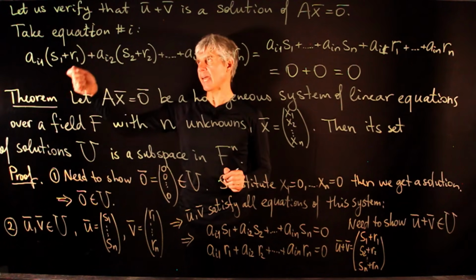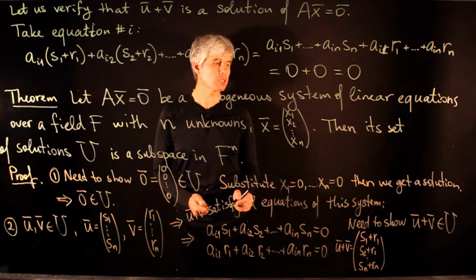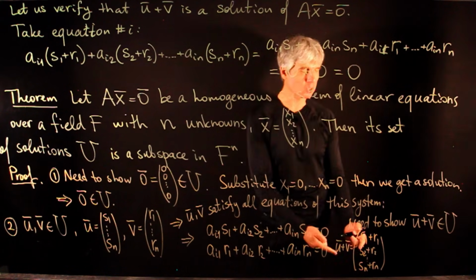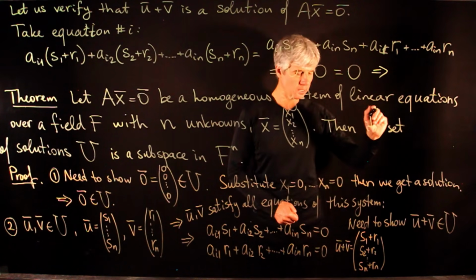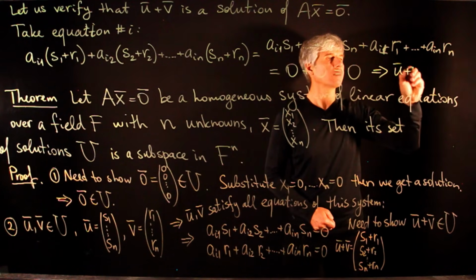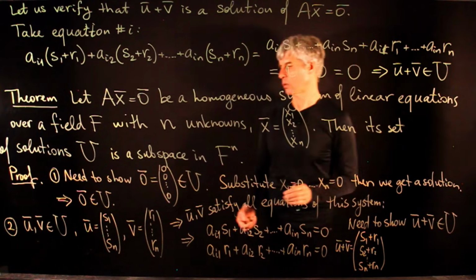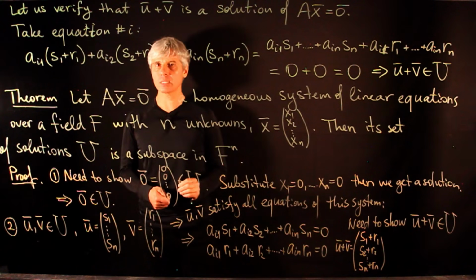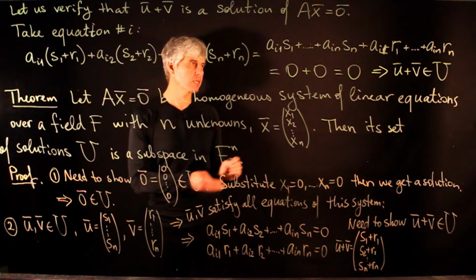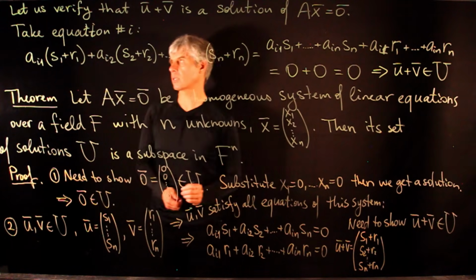So every equation of the system is now satisfied by the vector u plus v. And so this tells us that u plus v is in the set of solutions. So if we have two solutions of a homogeneous system of linear equations, then their sum is again a solution of a homogeneous system of linear equations.